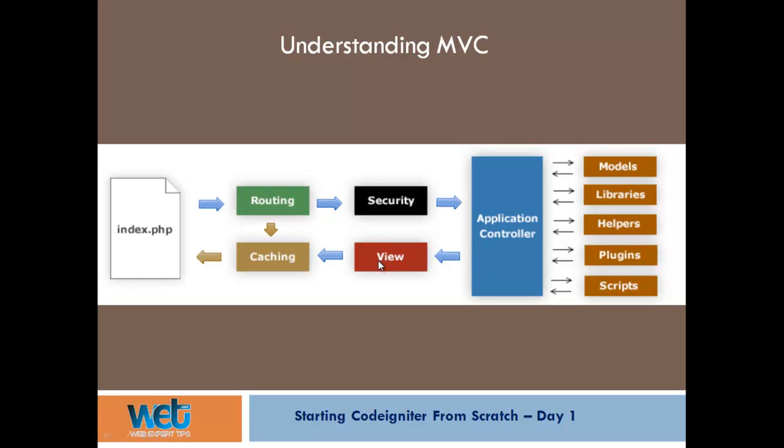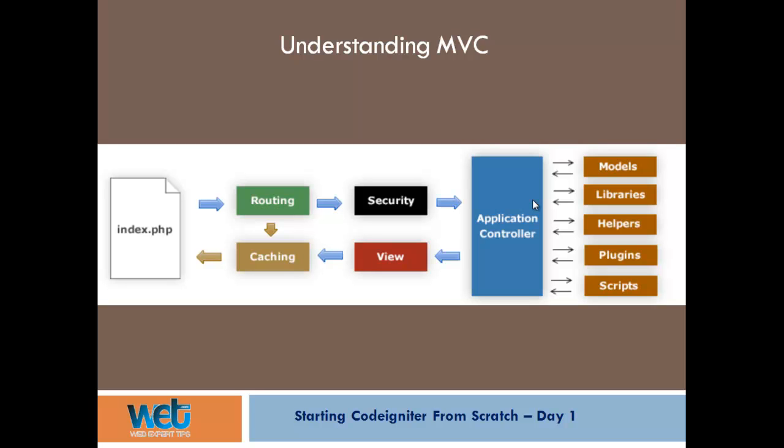The finalized view is rendered, then sent to the web browser to be seen. If caching is enabled, the view is cached first so that on subsequent requests it can be served. So this is the whole process which is happening when you load a CodeIgniter application.